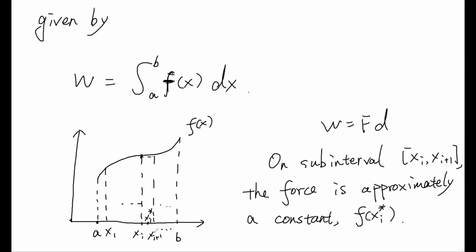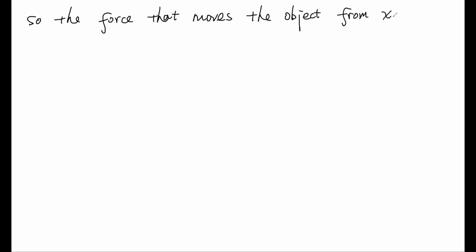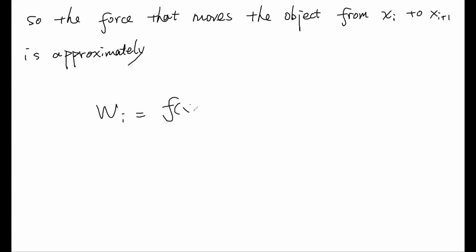Then the work done in this interval, so the force that moves the object from xi to xi plus 1 is approximately Wi is equal to f of xi star multiplied by delta x.